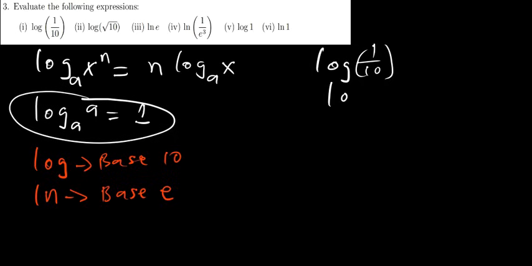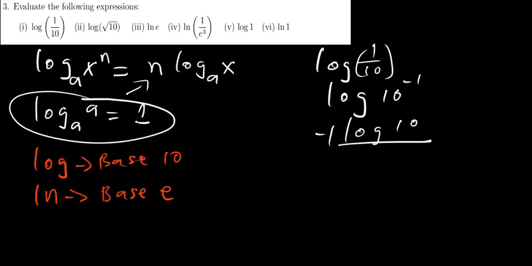Log of 1 over 10 is the same as log of 10 to the power negative 1. After reaching this point, I can apply the first property. The property of log allows me to shift the power to be in front, so that becomes negative log base 10 of 10. Log base 10 of 10 is 1. Negative 1 times 1 is negative 1. That's the answer.